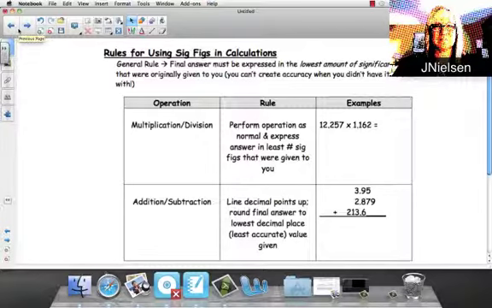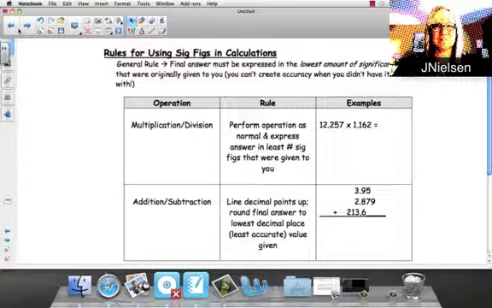So, rules for sig figs and calculations. The general rule is the final answer must be expressed in the lowest amount of significant figures that were originally given to you. You can't create accuracy when you didn't have it to start with.